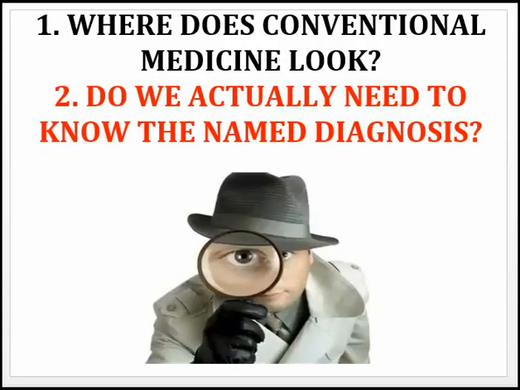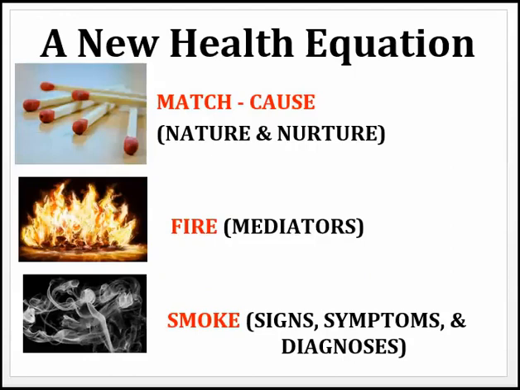So when we look at that health equation, we have to ask ourselves, where does conventional medicine really look? If we were to isolate it on this continuum here, they're really focusing on the bottom, right? The signs and the symptoms and the diagnosis. They look at the mediators, but they look at them through the lens or silo of an organocentric view, meaning everything is in isolation from one another.